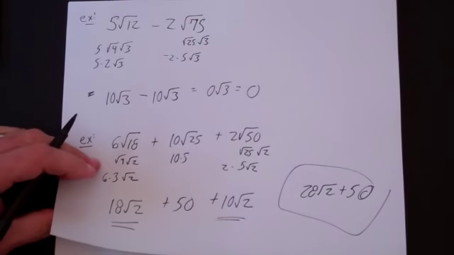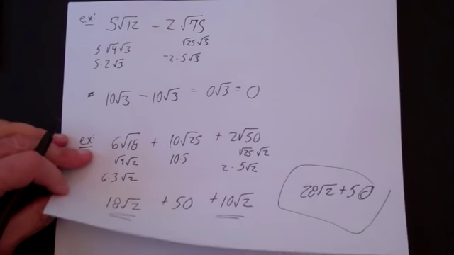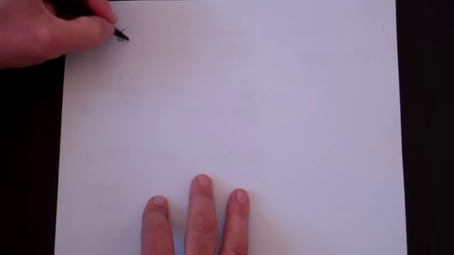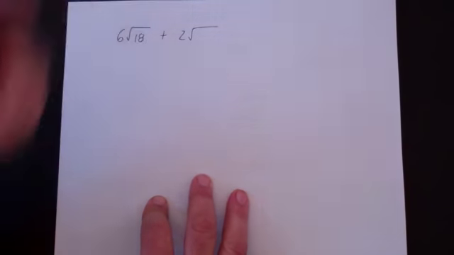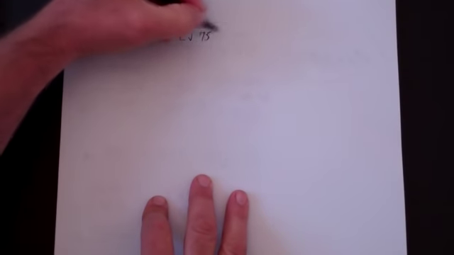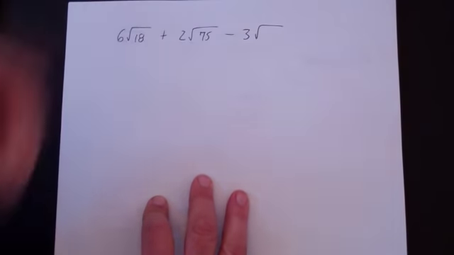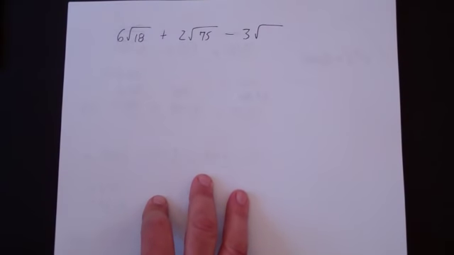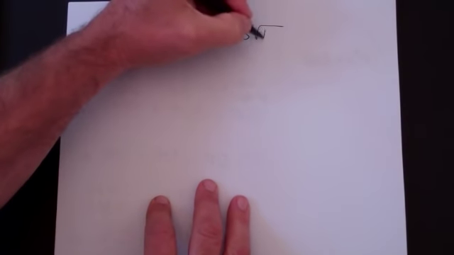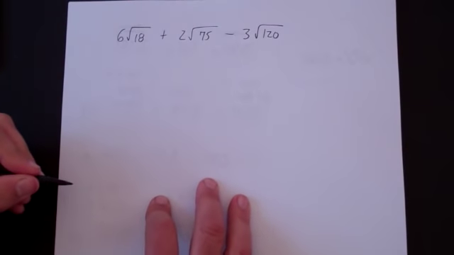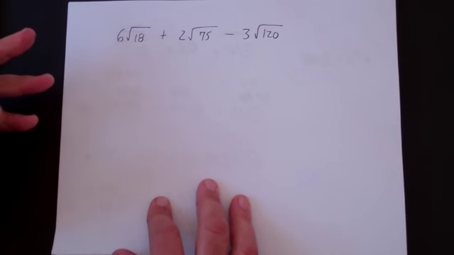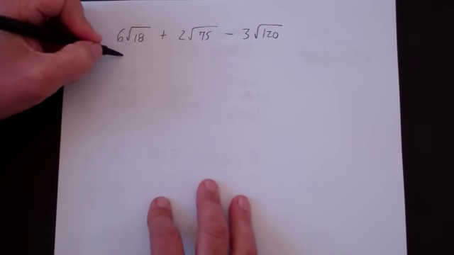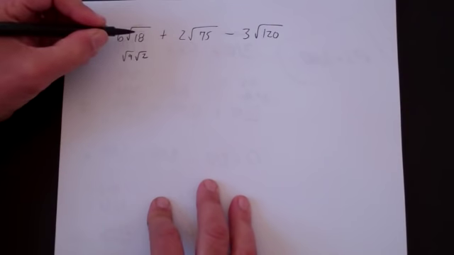Let's look at one more problem, just because students get a little tripped up on it. Let's say we had 6 root 18 plus 2 root 75 minus 3 root 120. None of the roots are the same, so what we want to do is we want to simplify each one. So that's square root of 9 and square root of 2.